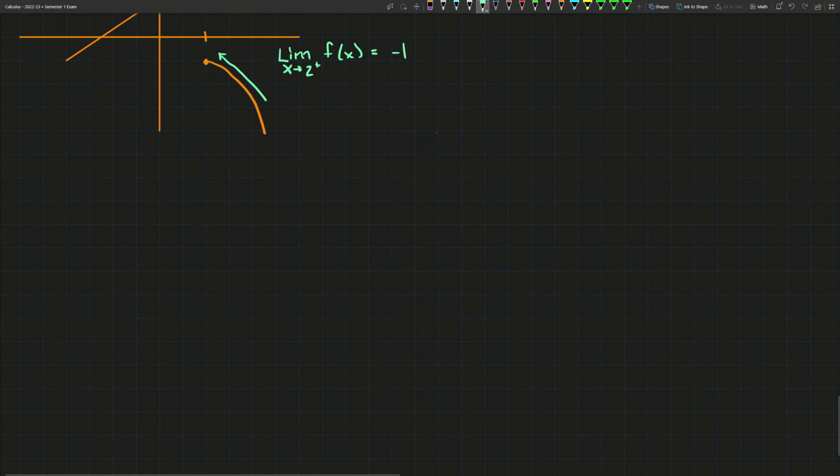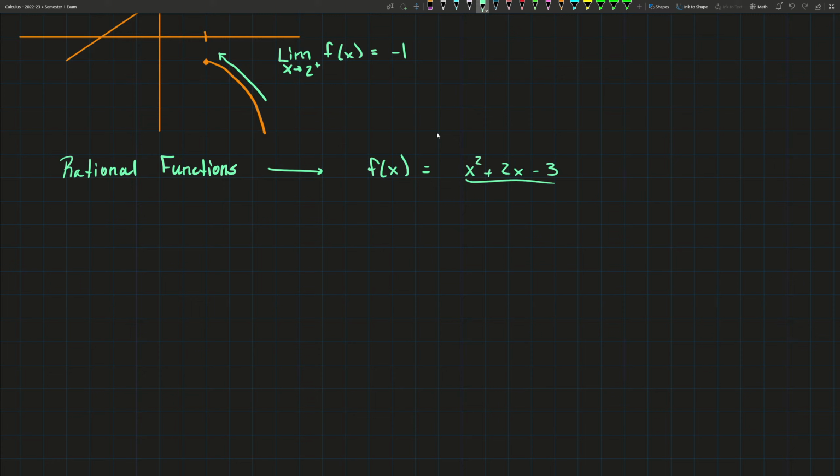Rational functions are always going to look something like some polynomial over some polynomial, and most of the time there's going to be a horizontal asymptote.